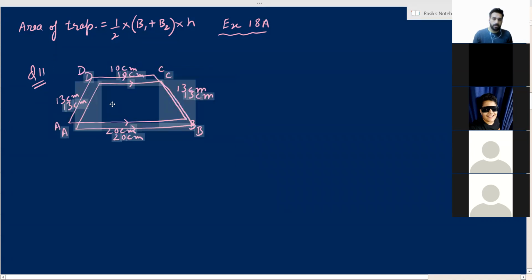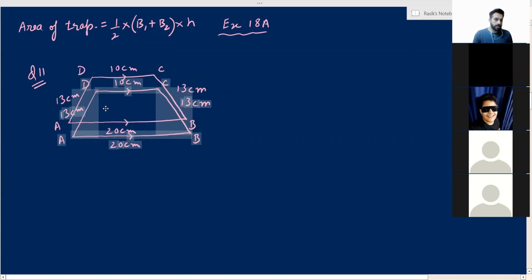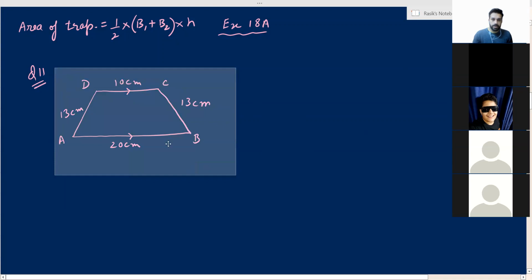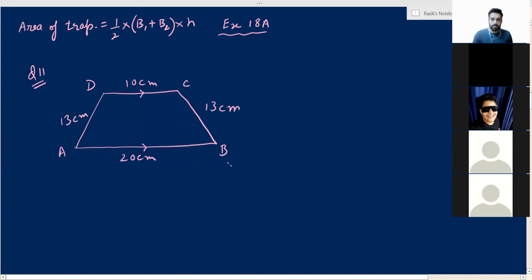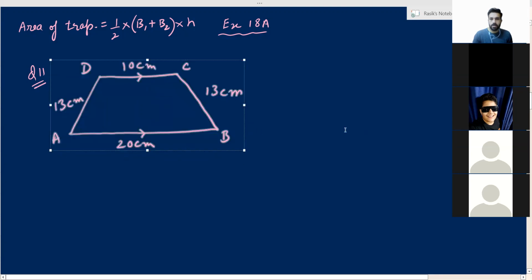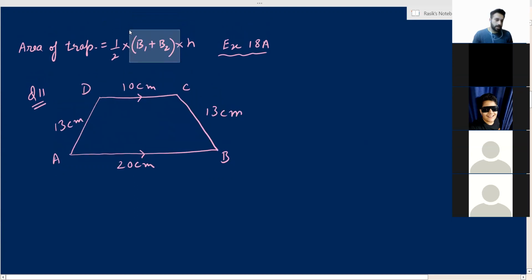To find the area, we need three things. Look at the formula again. Are all the three things given? The two parallel sides are given or not? Tell me the length of the two parallel sides which are given in the question.